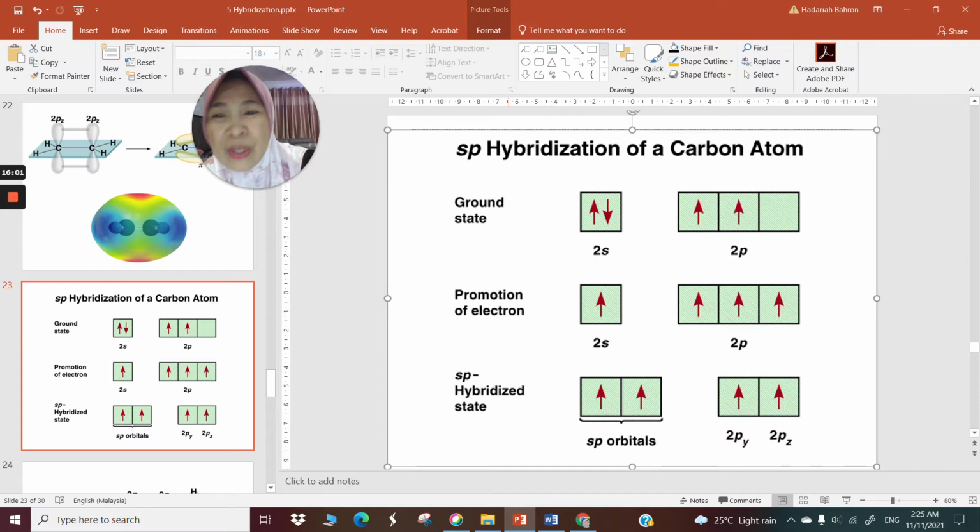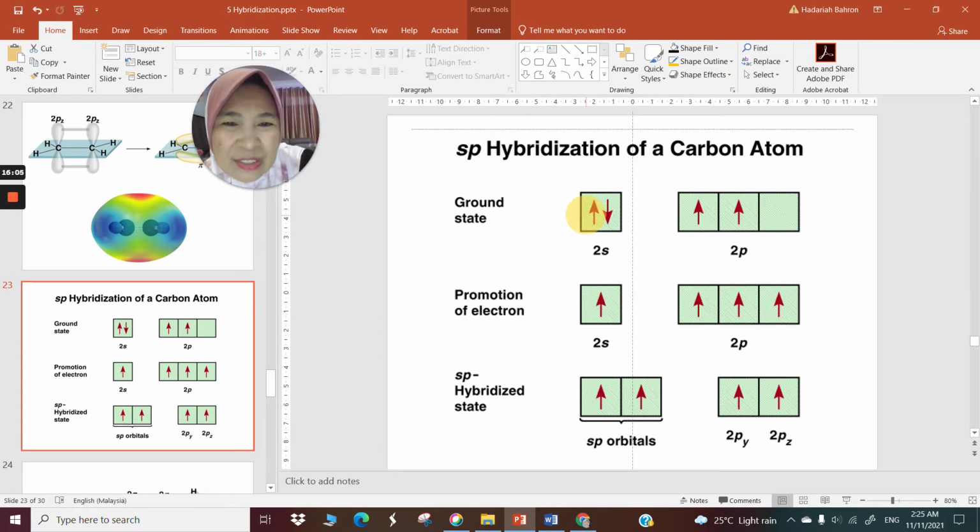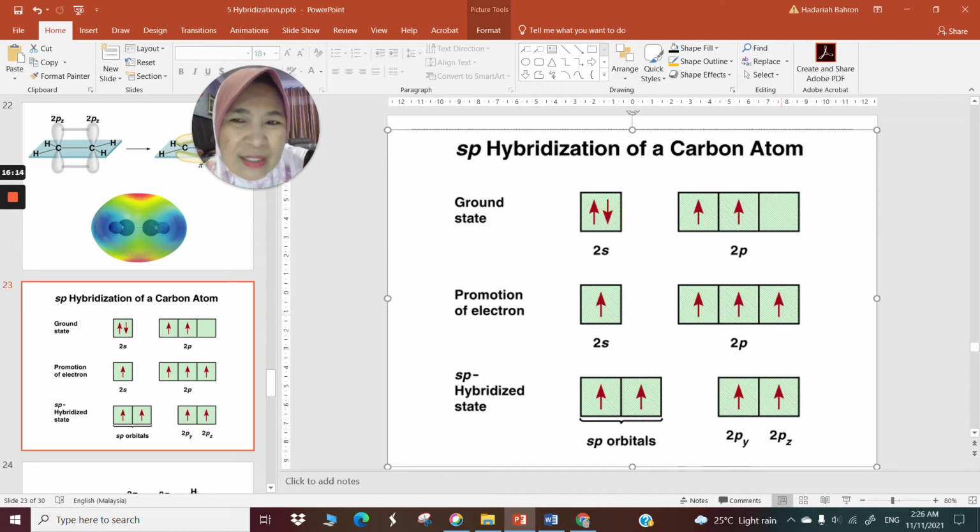This is another way of representing how hybridization occurs. This is your ground state, 2s2 2p2, and then one of these electrons is going to be promoted here. The s orbital and one of the 3 p's are mixing or hybridizing.